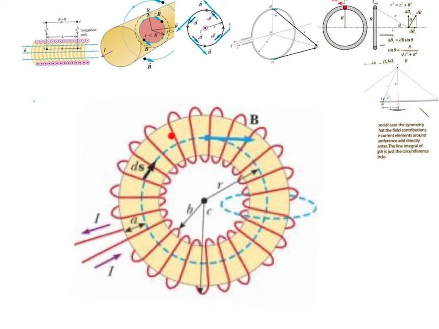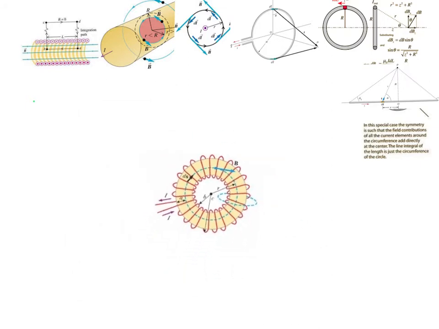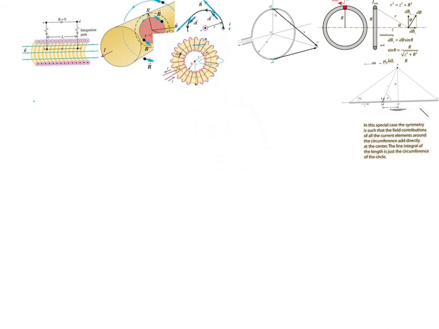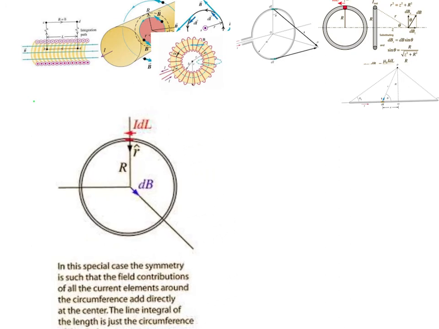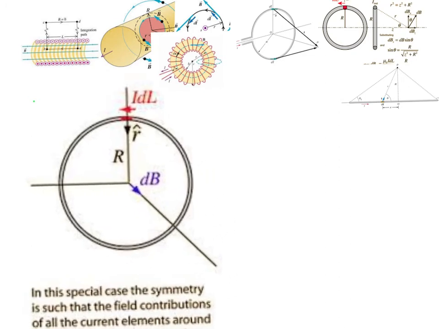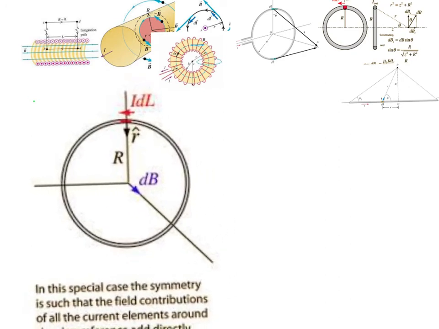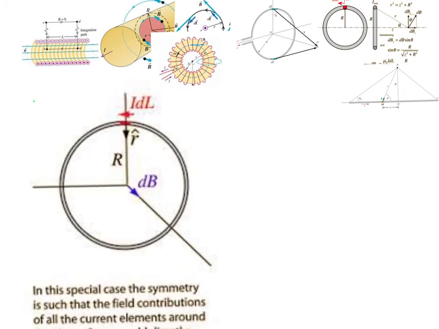So this is a problem that lends itself to Ampere's law, but it's not part of the assignment, so we won't do it. We'll move on to problem 15, which is finding the field at the center of a current loop. And for that we'll use the Biot-Savart law.